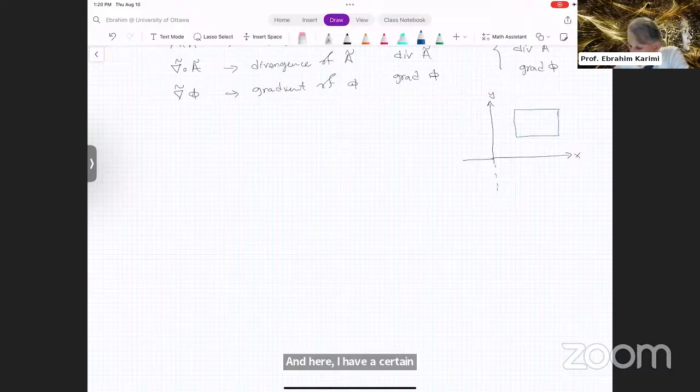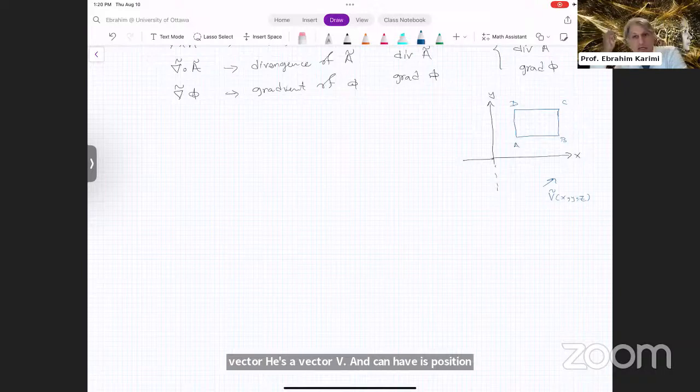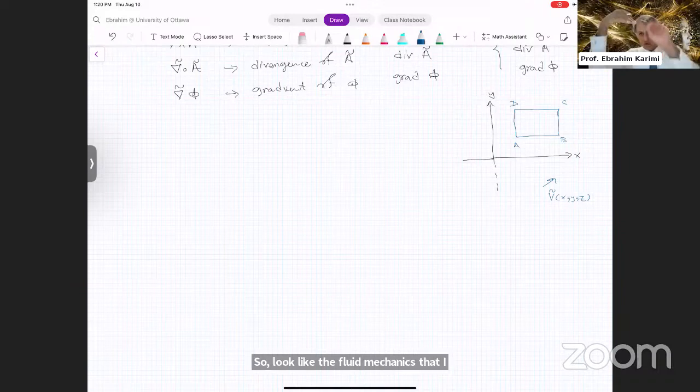I call this loop A, B, C, and D. And I have a vector in this space, a vector V, which is position dependent, x, y, and z. So it has an x component, Vx, Vy, Vz, but also depends on the place. It looks like the fluid mechanics I mentioned, like water. Each molecule can have a different velocity in different directions.